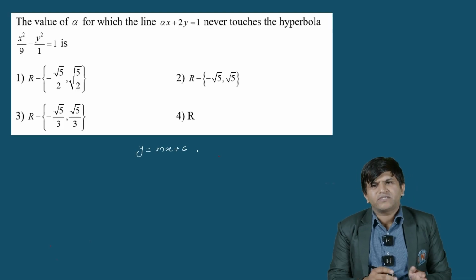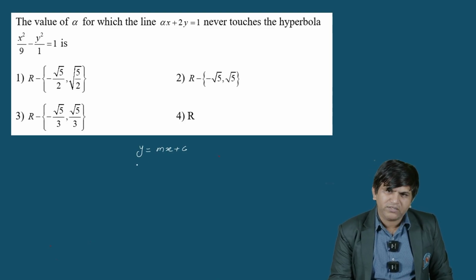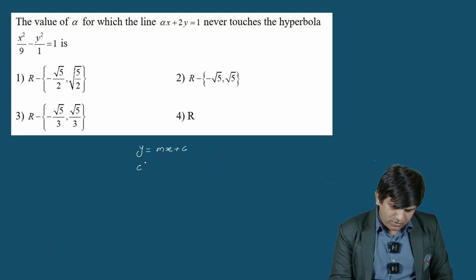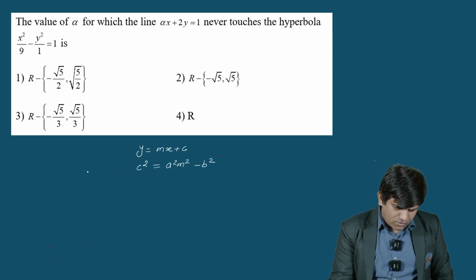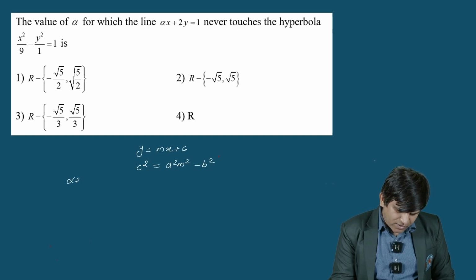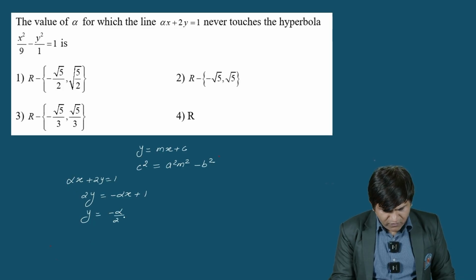If this line is tangent to the given hyperbola, then the condition of tangency is c square equal to a square m square minus b square. So we can rewrite the given equation of the line, alpha x plus 2y equal to 1. This we can write as 2y equal to minus of alpha x plus 1. Dividing by 2, we get minus alpha by 2 into x plus 1 by 2.